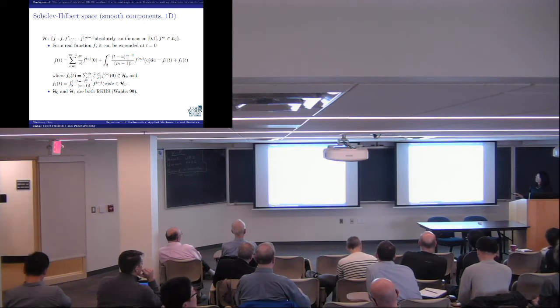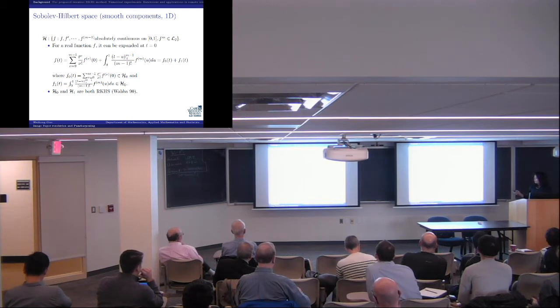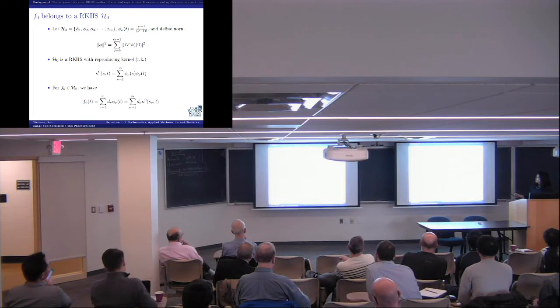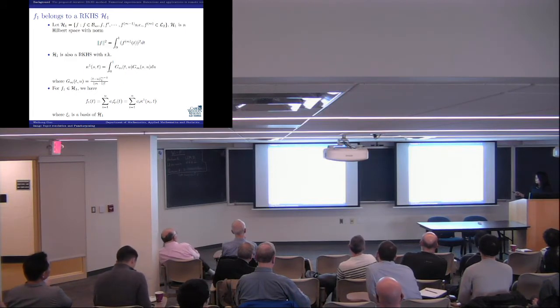Both of the two components will belong to an RKHS, and you will be able to find out the kernel. Remember, for RKHS, you just need to have a kernel. So we have a closed form for the kernel for both of them. For the polynomial component, you have this kind of kernel, and for the residual part, you're going to have this kind of kernel.